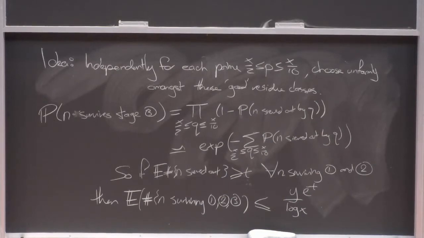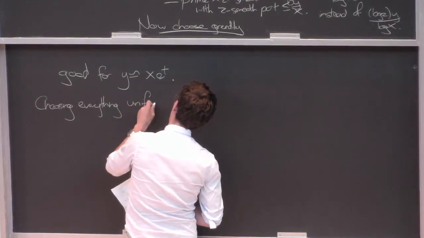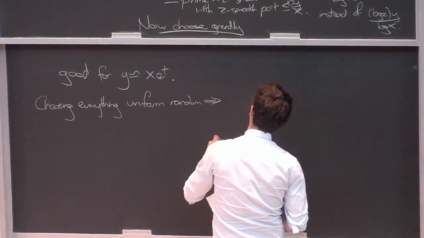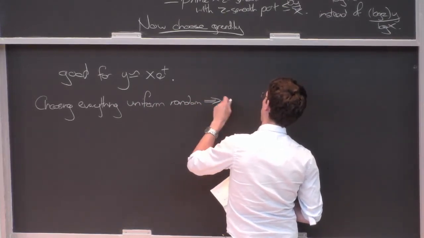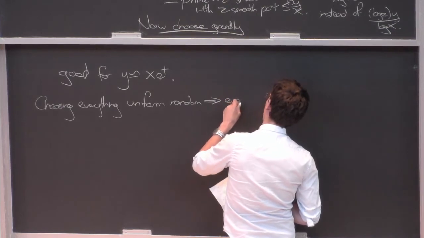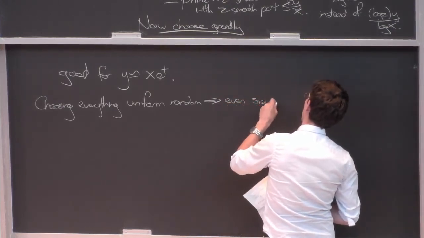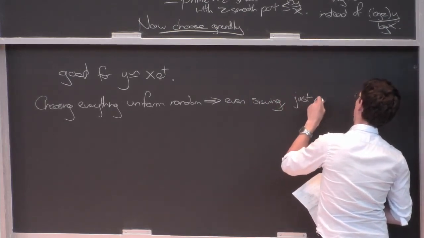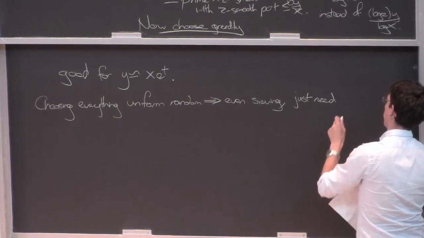I'm not going to talk too much about the precise probabilistic calculations, but I'll just say choosing everything uniform random implies even sieving, and morally you only need to think about the average case behavior.